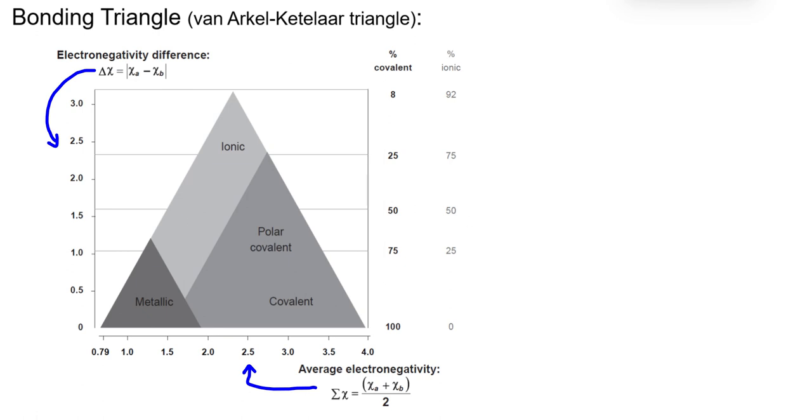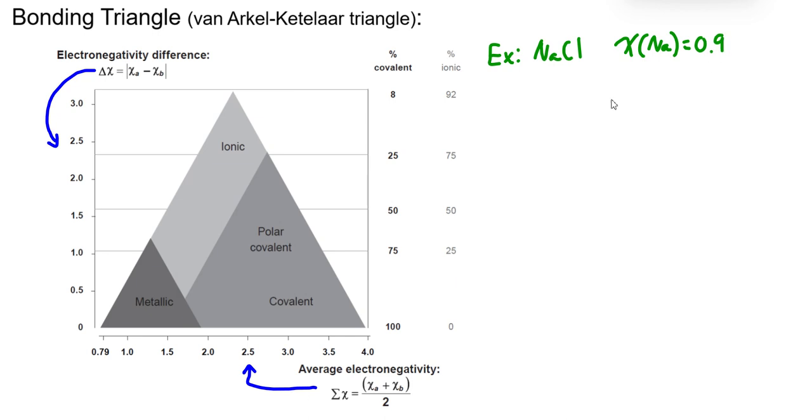So I'd like to do a couple examples of utilizing this to plot some species on here. So I'll try to do 3 quick examples. The first example I'll do is sodium chloride, NaCl. Okay, and looking this up in the data booklet, we can see that the electronegativity value for sodium is 0.9.